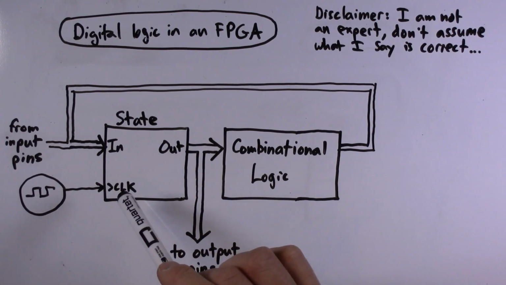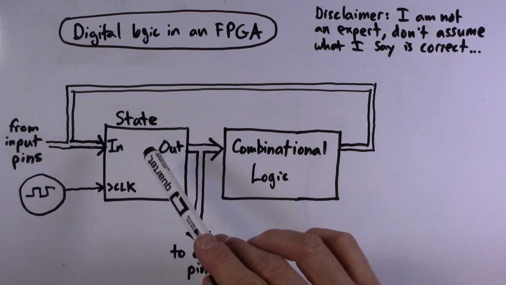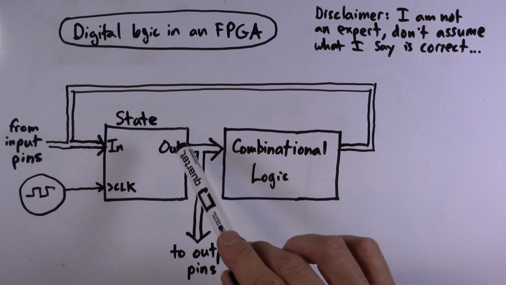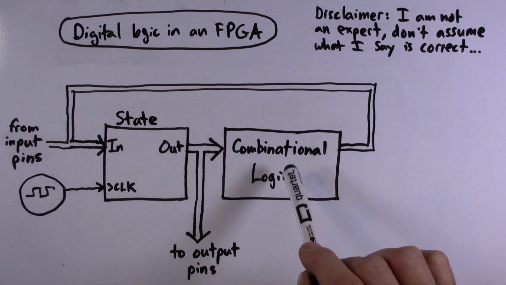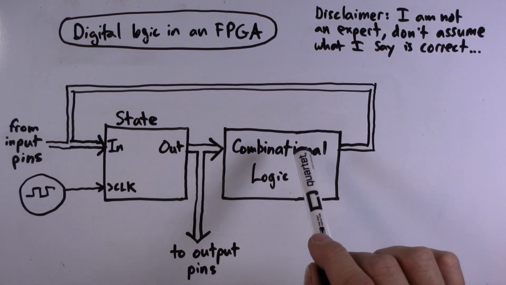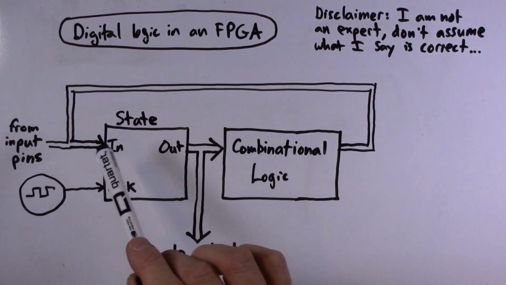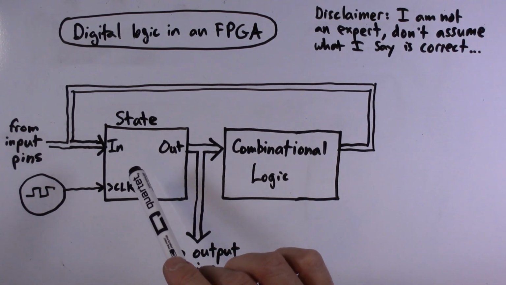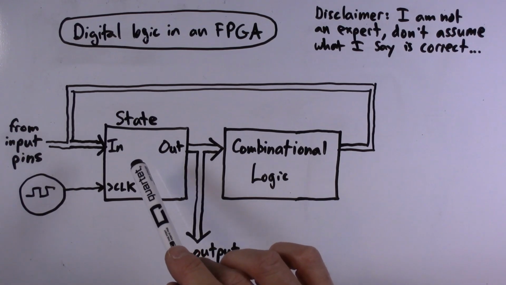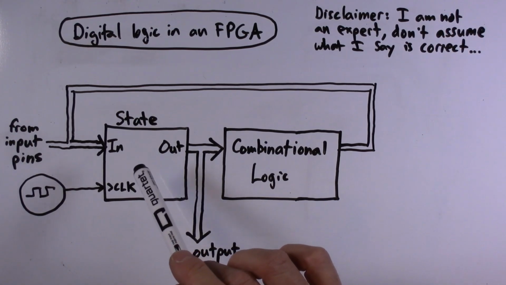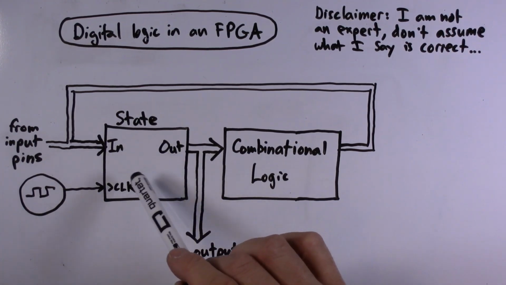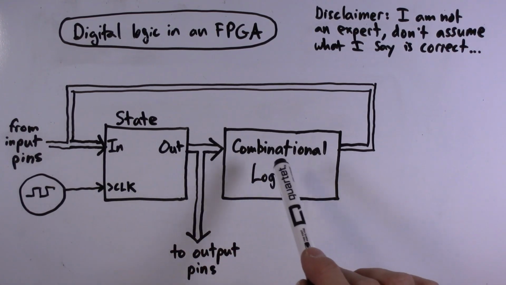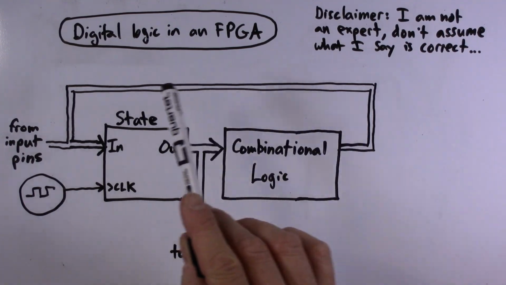On each clock cycle, we feed the current state that is in these flip-flops and memories into some combinational logic that transforms that data and sends it back into the state so that a next state can be computed and committed into the memory, basically the D flip-flops and RAM inside the FPGA. So basically on each clock, we take the current state, do a transformation using combinational logic, and then we get our next state.